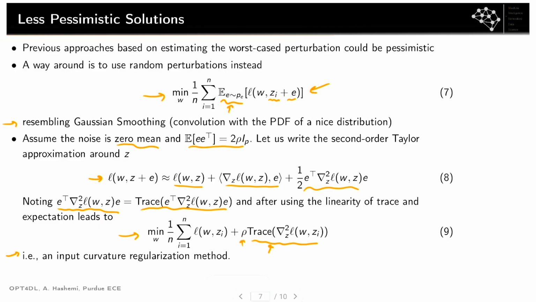So there is a connection here. When we penalize the average loss according to this criterion to reduce the sensitivity, we could end up reducing the memorization property of our model as well. So memorization and robustness have this intimate connection: if you control one, you may control the other as well.